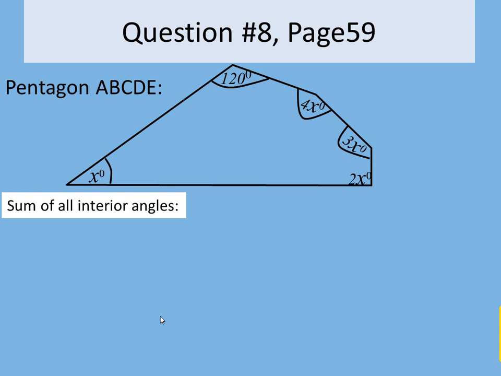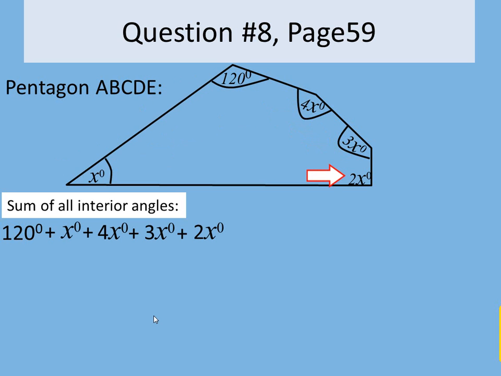One is that we can sum the angles of this pentagon by identifying each angle. So that's 120 degrees plus the other angle that is coming up here, x degrees, and we could add the next angle that is here, 4x degrees, and we also add the next angle, which is 3x degrees, and then finally we add the next angle, which is 2x degrees.